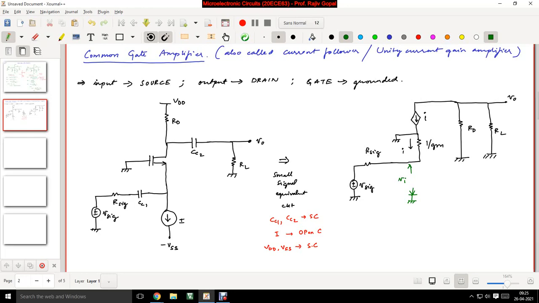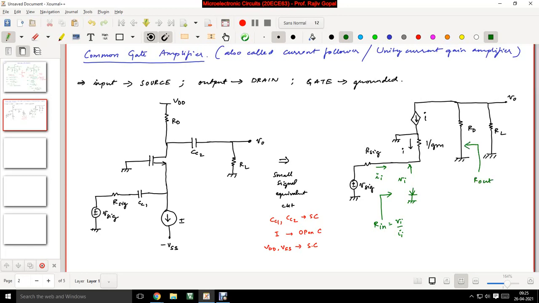Let me call the current which is traveling this way II. So the impedance which I measure in this direction will be Rin. So Rin is actually VI by II, and the impedance which I measure like this is R out.